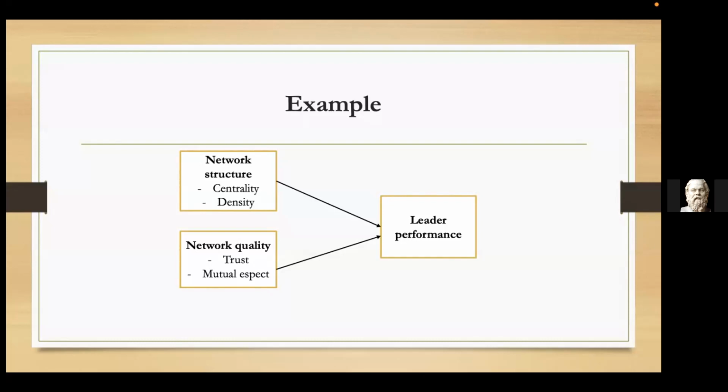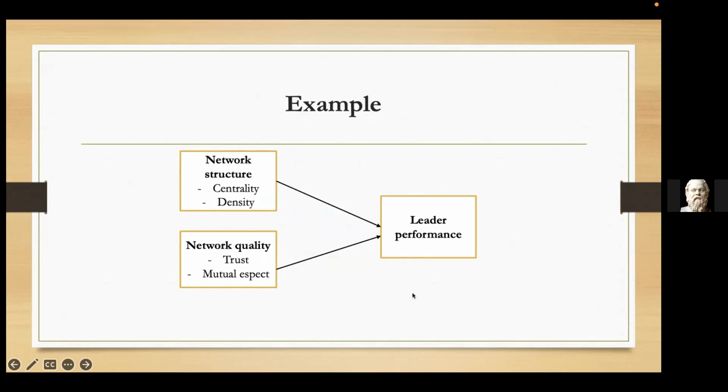One theory talks about the network structure, that is social network theory. The second theory, leader-member exchange theory, talks about the network quality of the relationship. So here, the study is interested in explaining the leader's influence from the perspective of how the leader relates with the people in the organization.